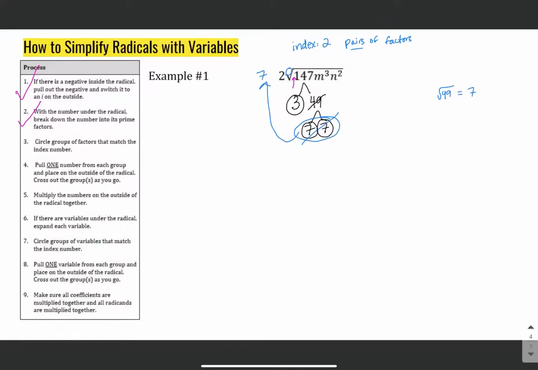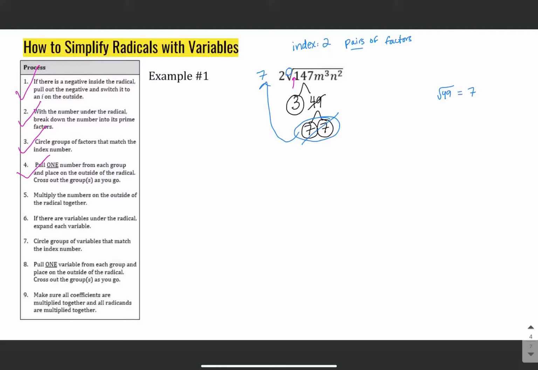So let's come back to our process. We circled groups of factors that match the index. Again, my index is 2, so I was looking for 2 of a number. So I've got that. Pull one of the number from each group and place on the outside of the radical. Cross out the groups as you go. We did that. Cool. All right, step 5. Multiply the numbers on the outside of the radical. So what numbers do I have on the outside?